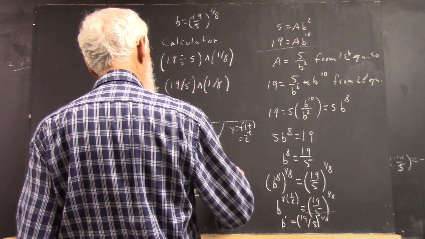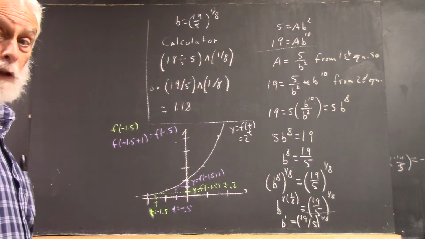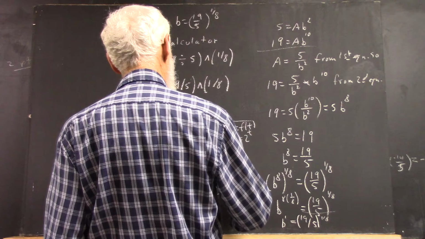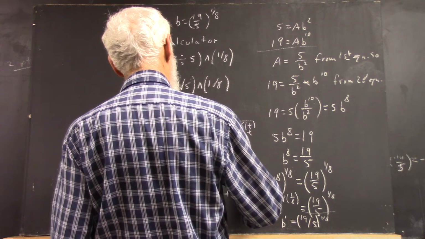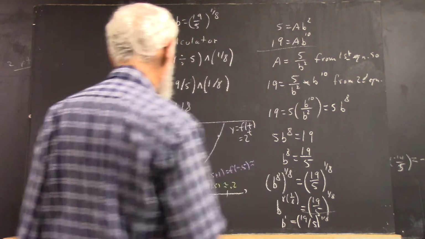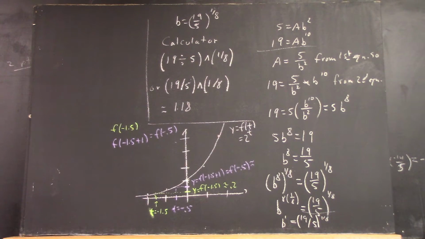Then we're going to write that as f of negative 1.5 plus 1, and that equals, of course, f of negative 0.5. And that's approximately, what's that look like?